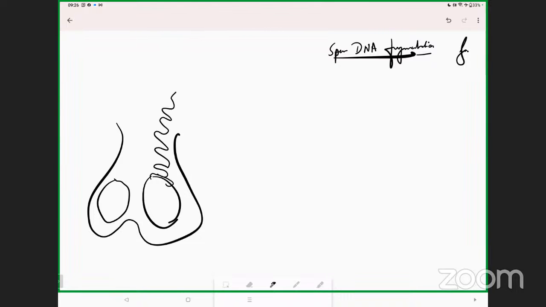So remember one thing, you can have a testicular cause and a non-testicular cause.